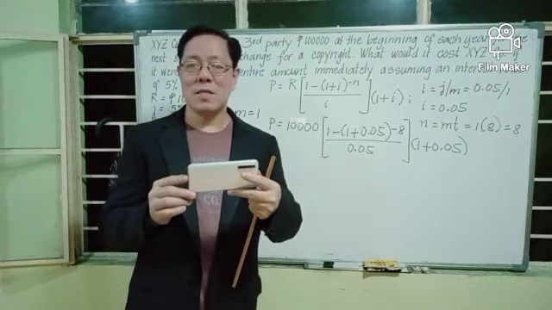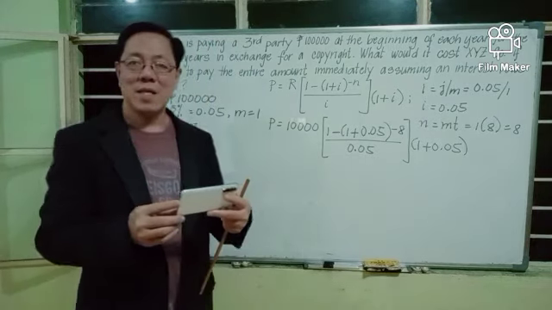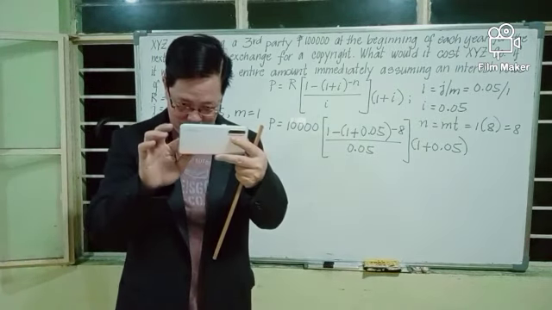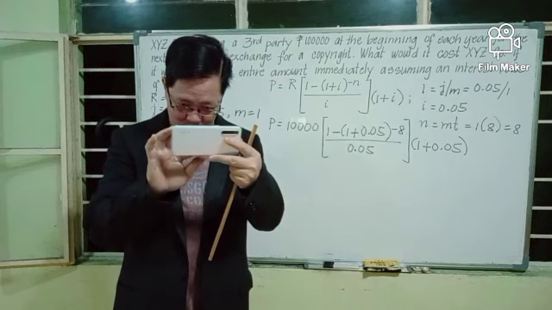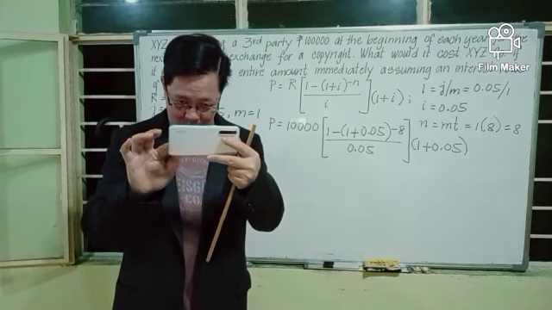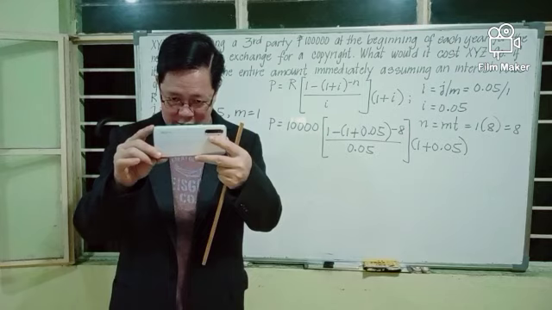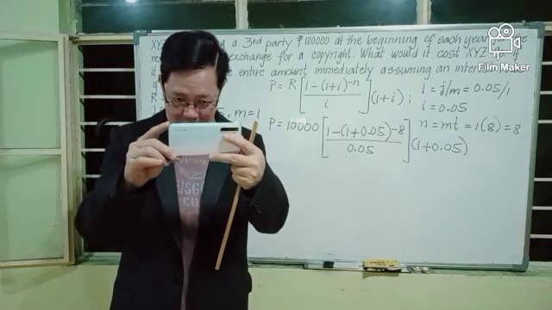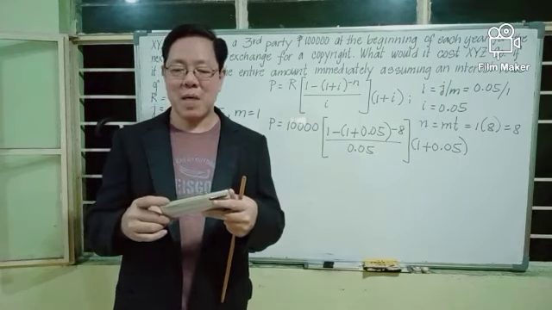And the answer in the calculator multiply again by 100,000 pesos. And you should get 67,863.73 pesos.